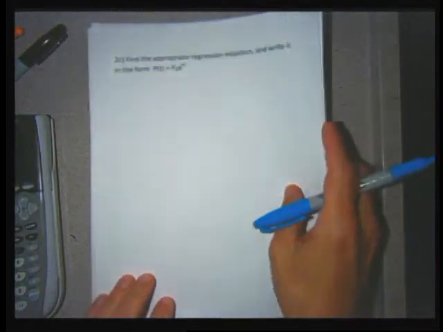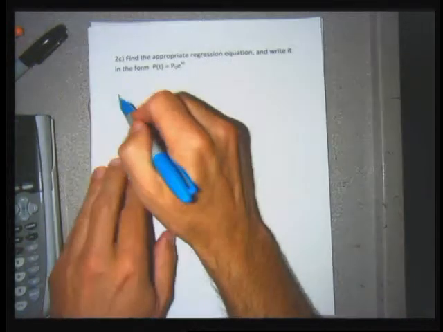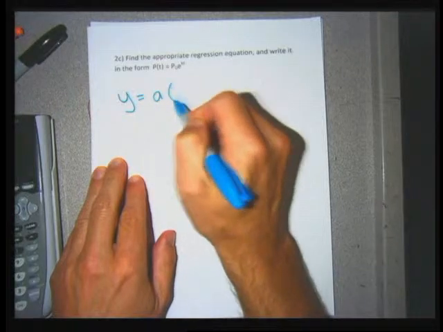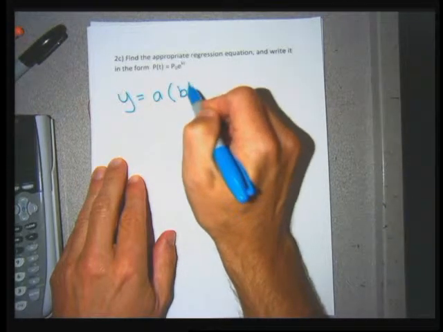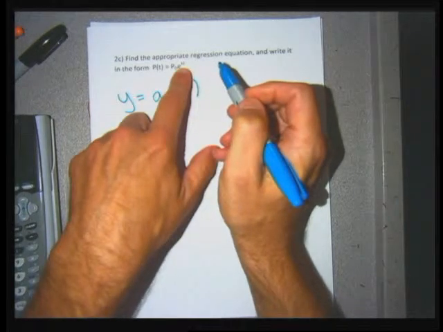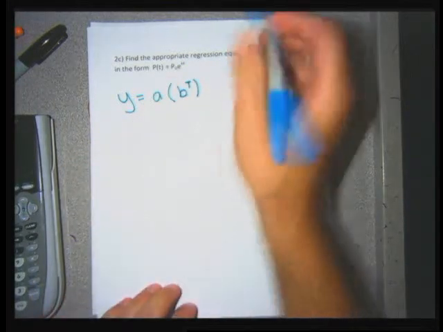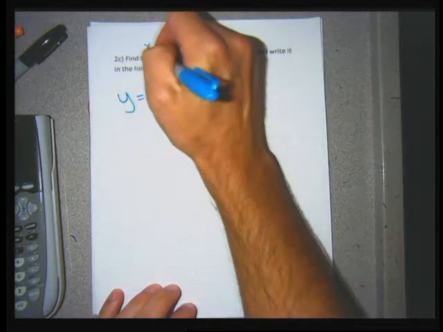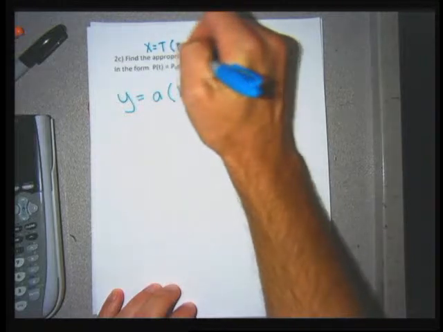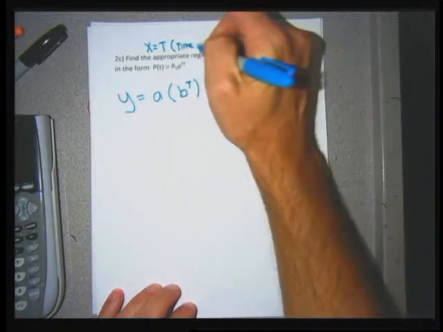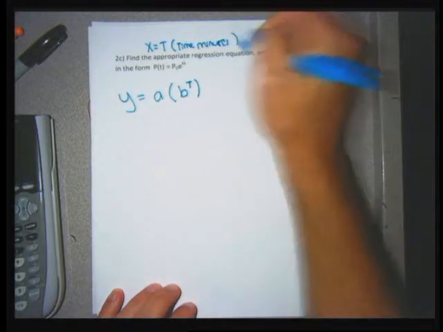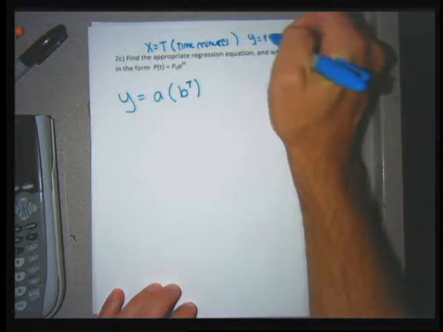So the equation that my calculator is going to give me is in this form: y equals a times b to the t power, although the calculator will give x's, but the x's in my particular problem from the data represent the time in minutes. So the x, which I'm going to make t, is going to stand for time in minutes. And the y is going to stand for the temperature.